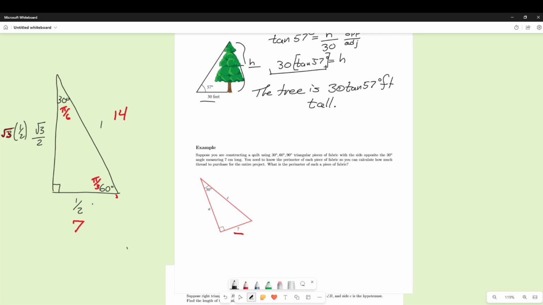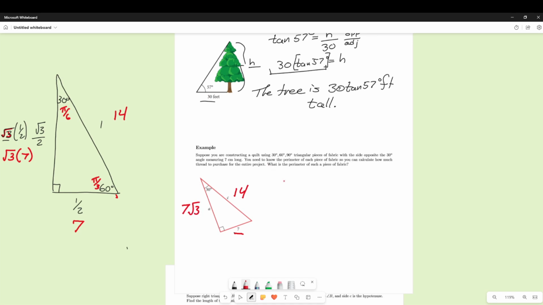So whatever that half length is, multiplied by the square root of 3, and you get the square root of 3 times that 1/2 length. So is it really just the square root of 3 times 7? Absolutely. And that's all it takes. That side length is 14, that side length is 7 times the square root of 3.